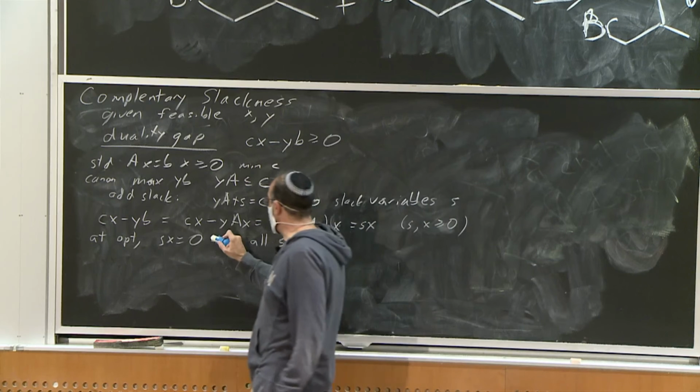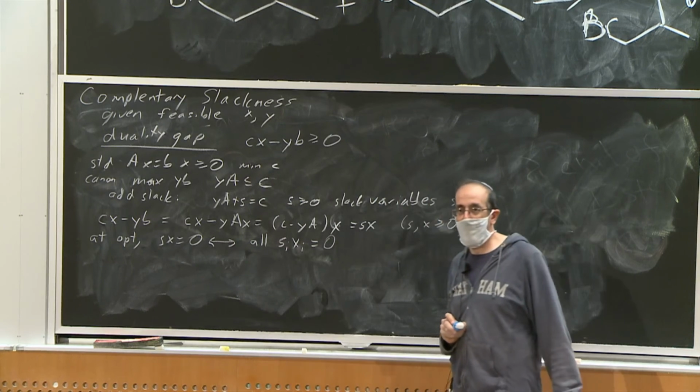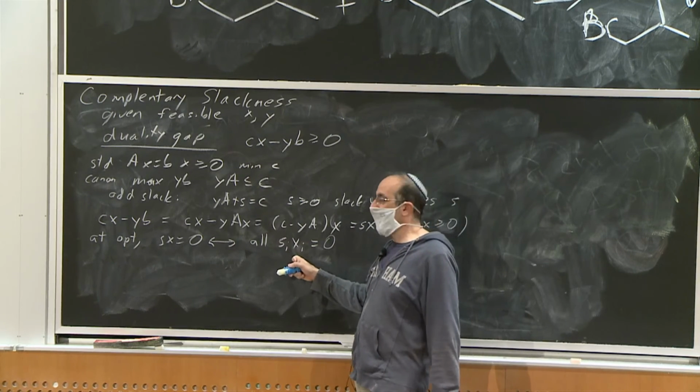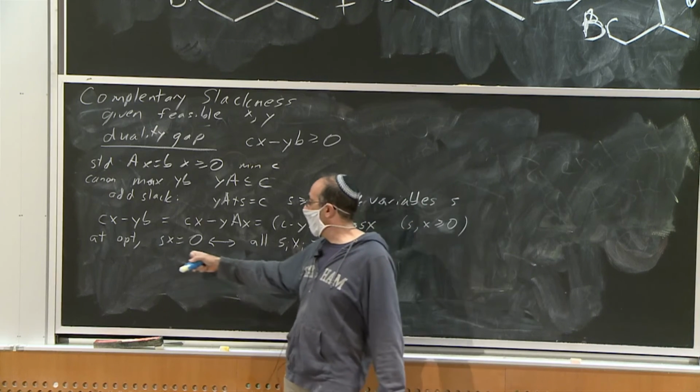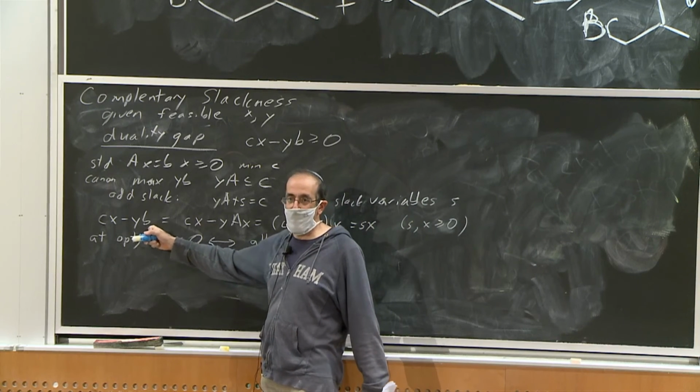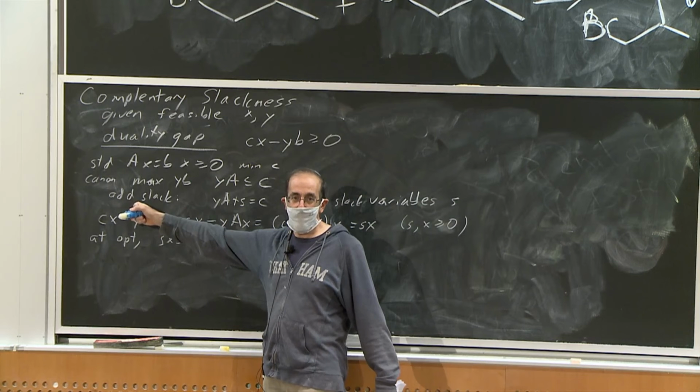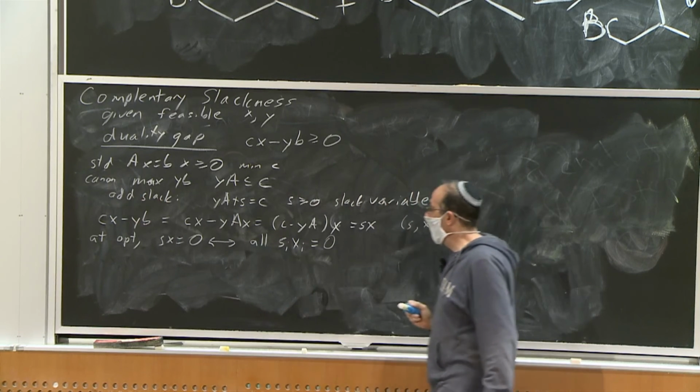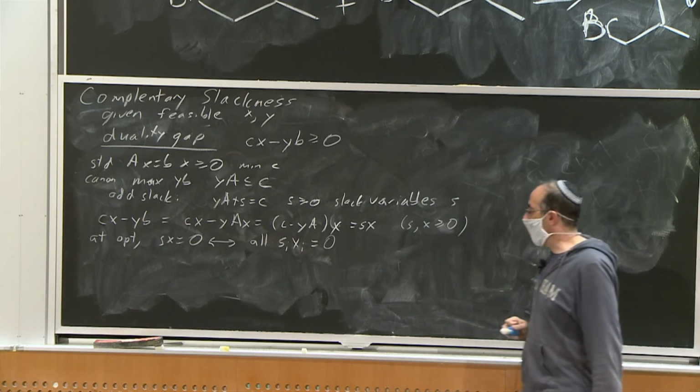Of course, this is an if and only if, because if all of the Si xi are 0, then the value of Sx is 0, which means the duality gap is 0, which means you're at the optimum. But what does it mean that all the S's and x's are 0?